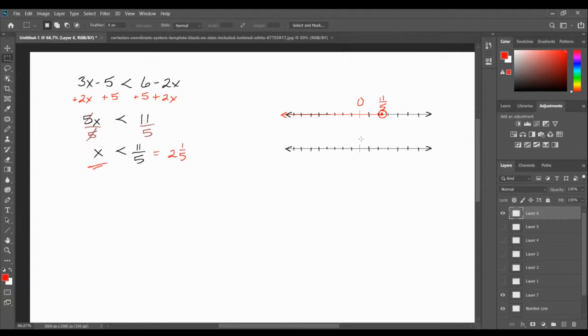I still have my 0 here, and my 11/5 right there. So another notation, rather than the open circle, is to put a parenthesis at that spot and then draw my line.